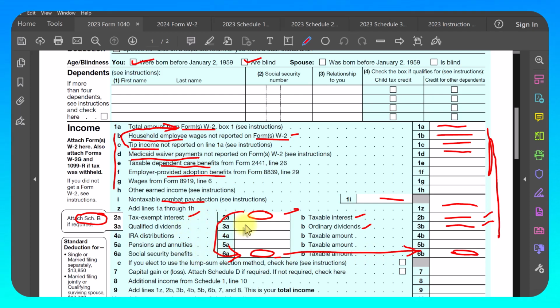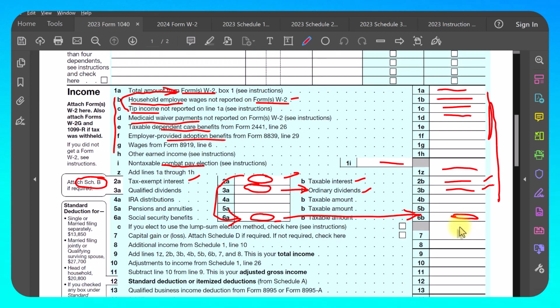Here, the next line below, off to the left side, is qualified dividends, which are already included in the ordinary dividend figure we had entered back on Schedule B. So you're not going to add this number in again because it's already in the ordinary dividend total.